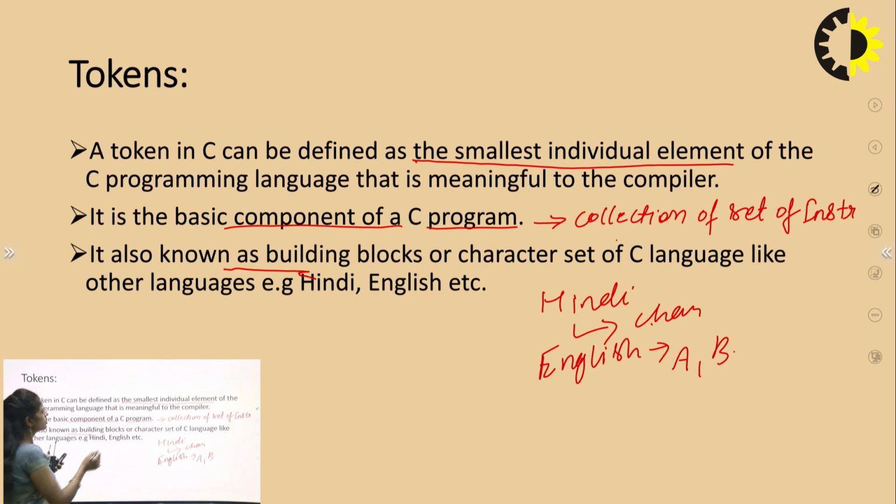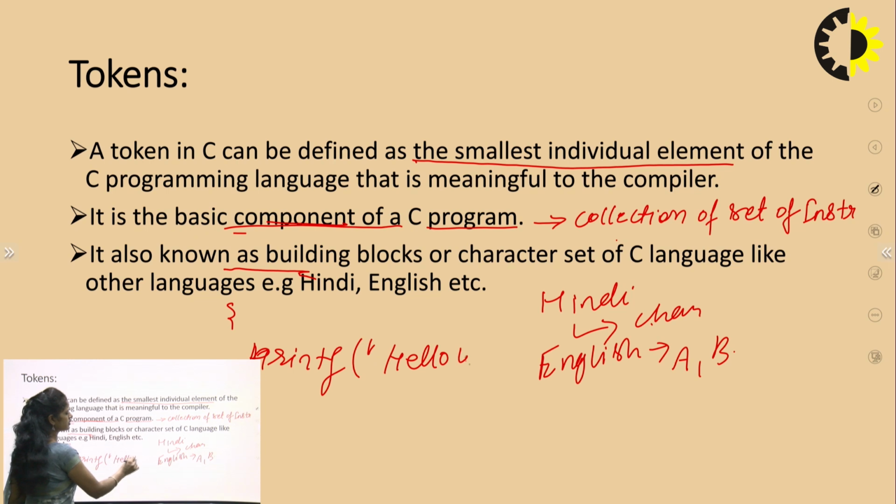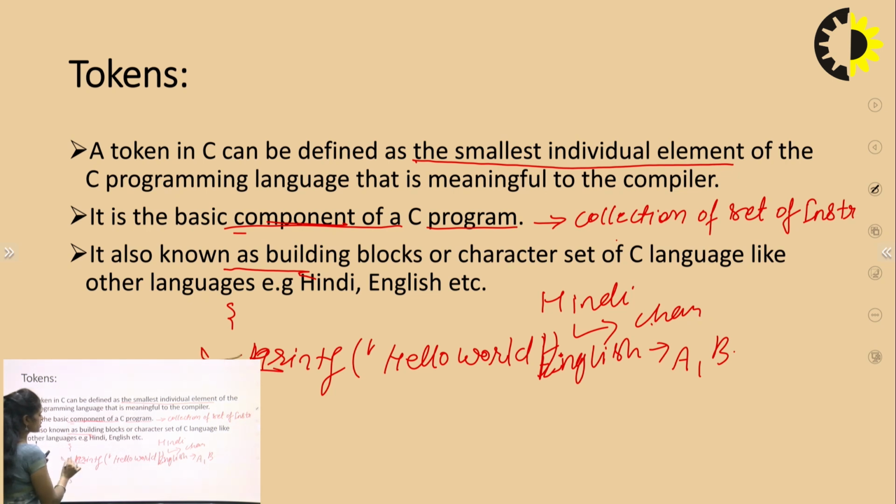Tokens are the basic component of the C program. For example, we write a basic program: printf hello world. This is an instruction because we are instructing something to the user.